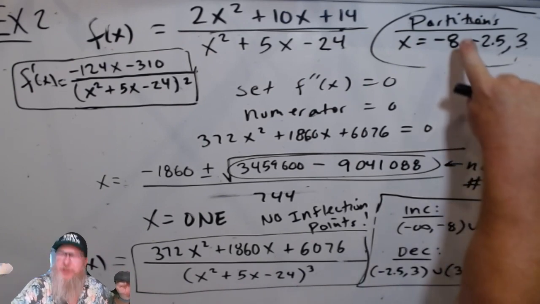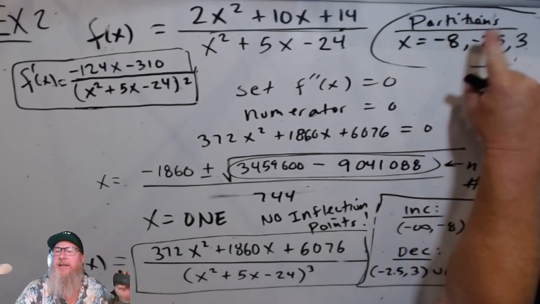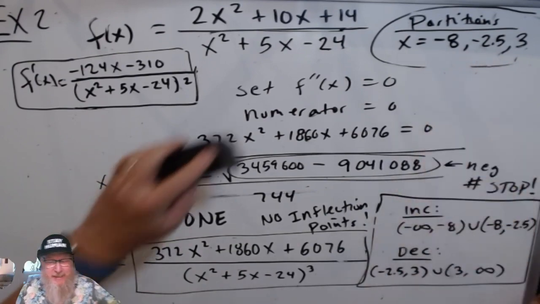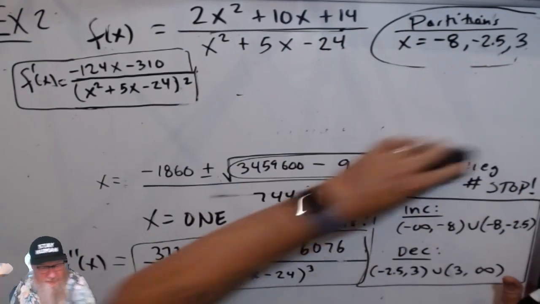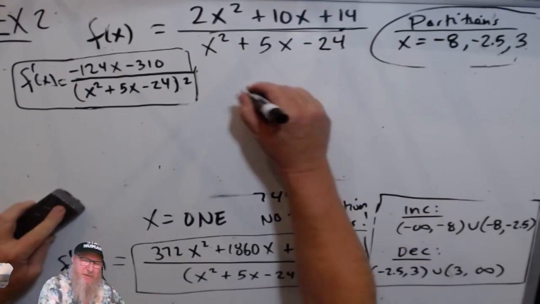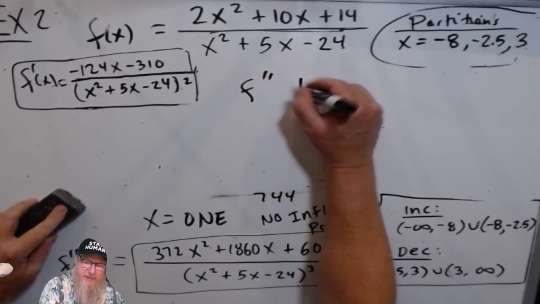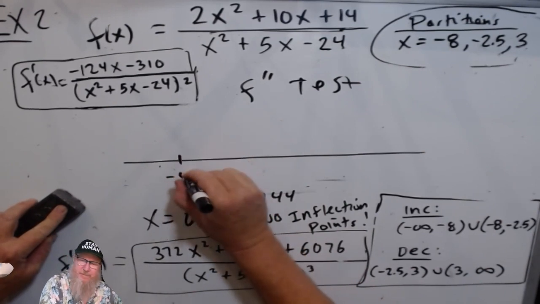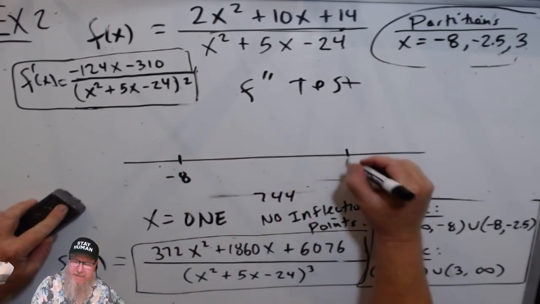Now I do have to mention for the second derivative, you have to use the partition numbers. So this is the second derivative test. What were they? -8 and 3.